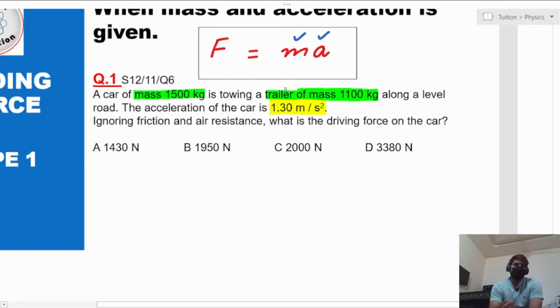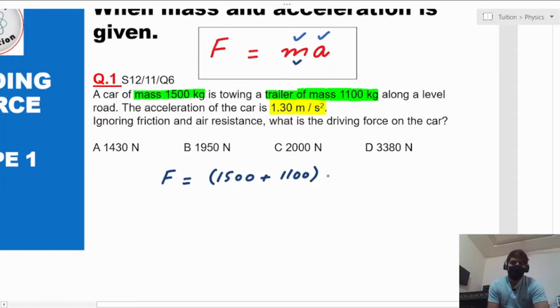Right, these are the kind of variations that you can get. Sometimes there would be a single mass, you just plug it in the place of m, and that would be all good. So F equals mass of the car itself plus the mass of the trailer. This is our value of m, right? We inserted the value of m.